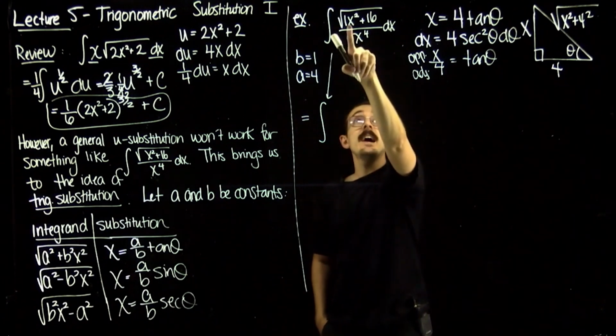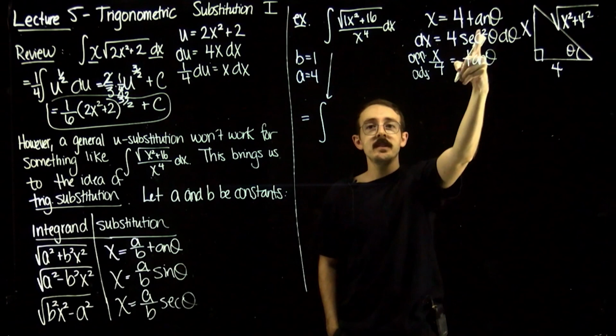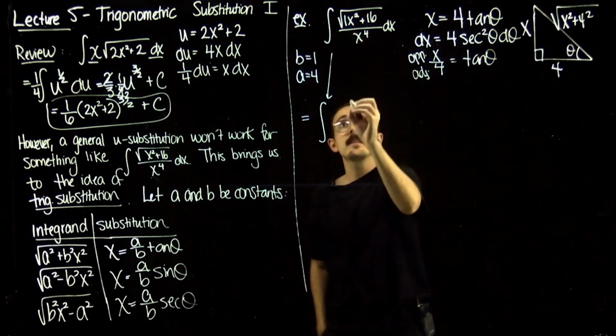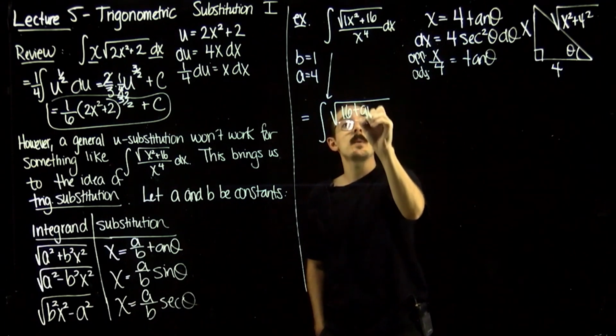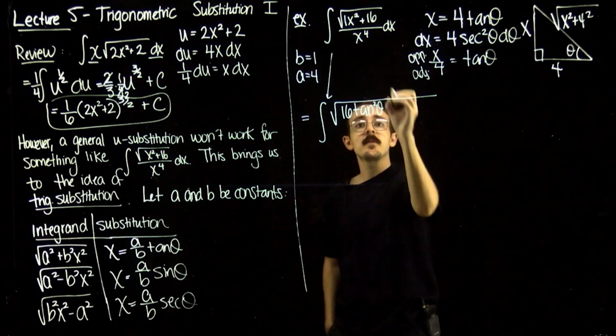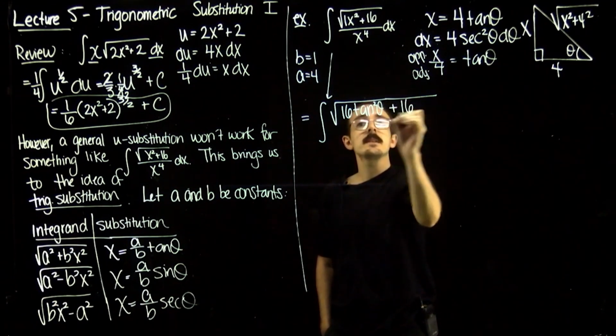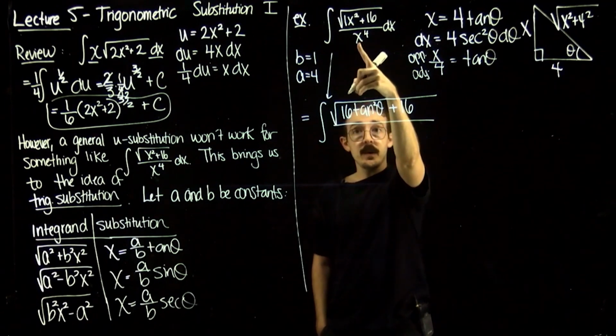So x squared, what's that? Well, x is 4 tangent. So x squared right here is 16 tangent squared. So I've plugged in x here for my substitution. This is plus 16 over. What's x to the 4th?